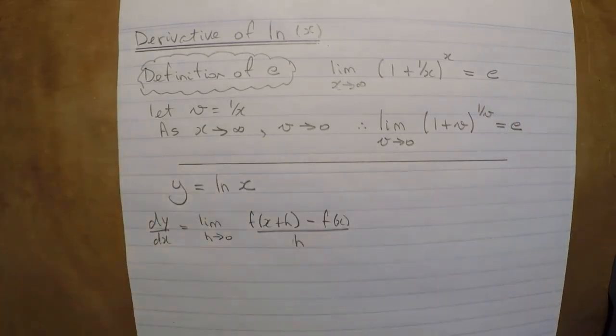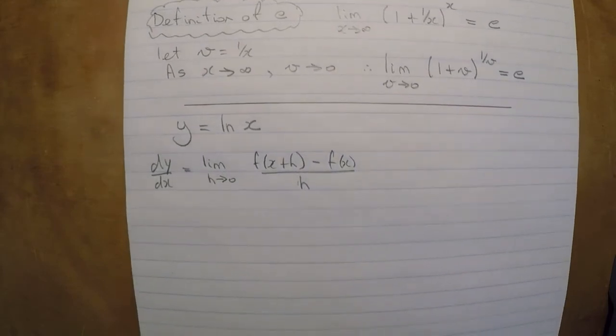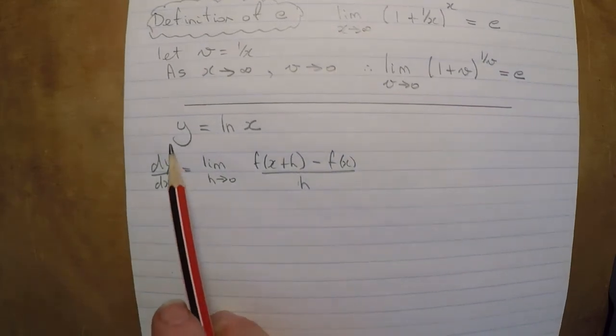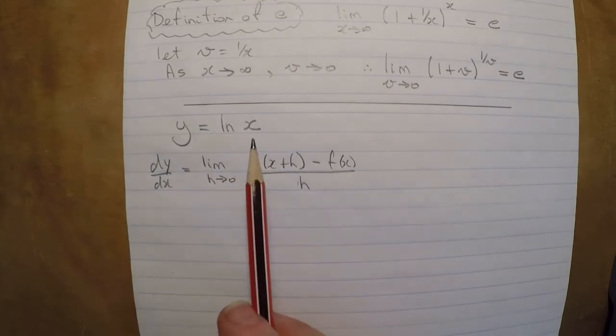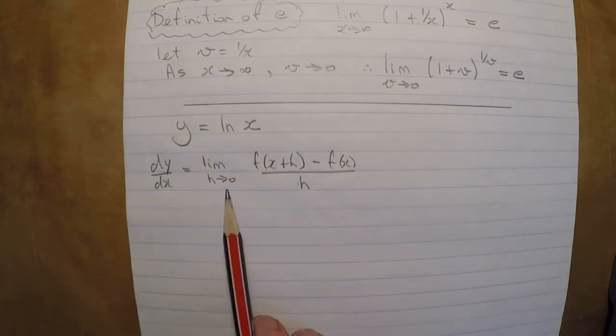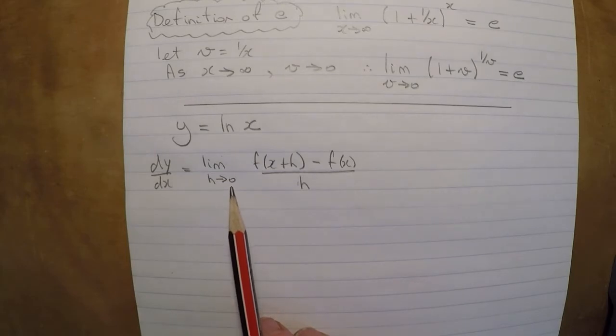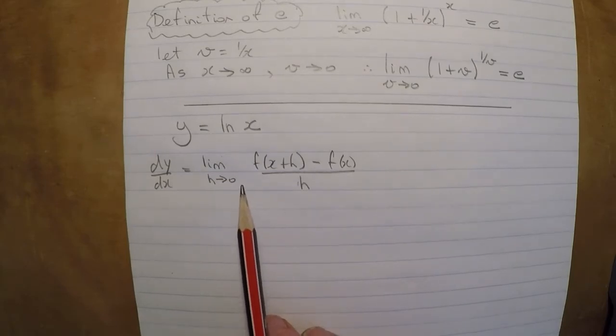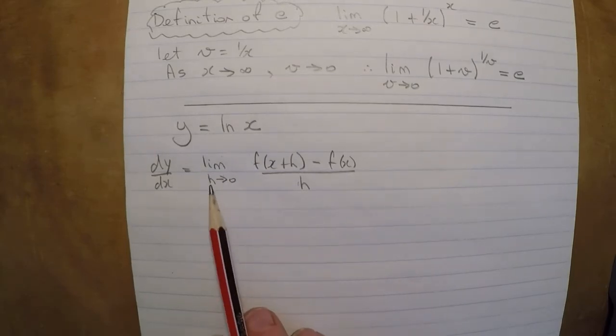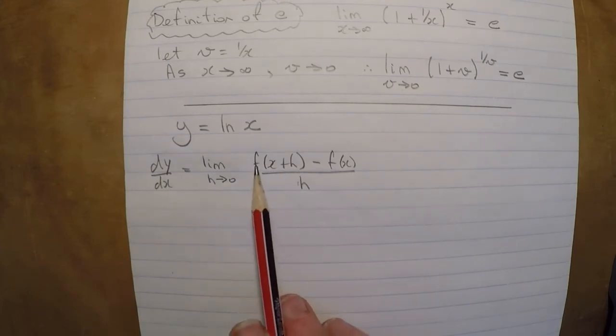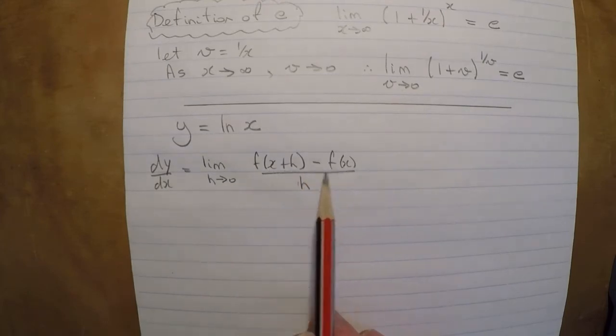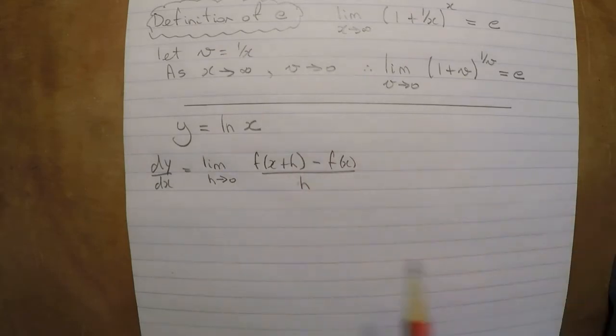With those couple of little preliminaries out of the way, we can get on to the main event. The main event is finding the derivative of ln x. So we go back to our definition of a derivative: the limit as h approaches 0 of f of x plus h minus f of x, over h. So this is first principles.